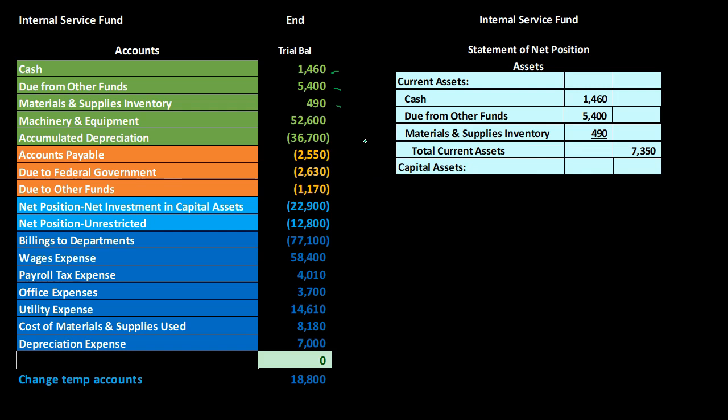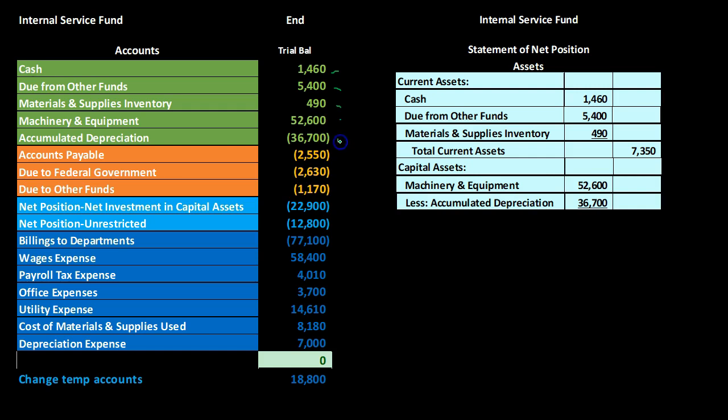Then we're going to have the capital assets. This is similar to the property, plant, and equipment type of assets, and that's going to include the machinery and equipment and the accumulated depreciation. Now, of course, the accumulated depreciation is here on the trial balance as a credit. We're going to put it on the books as just basically saying less accumulated depreciation.